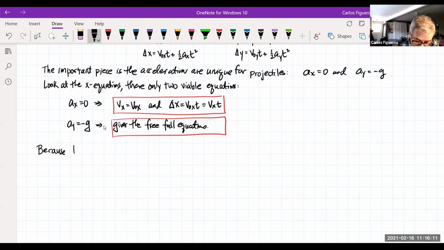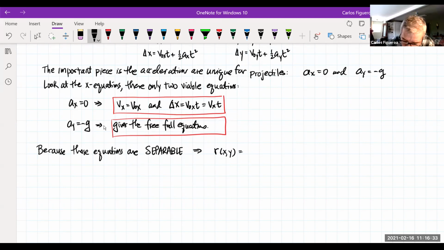Because these equations are separable, and remember, this is really a mathematical statement, I have some position function in two dimensions and I'm able to isolate these two pieces.